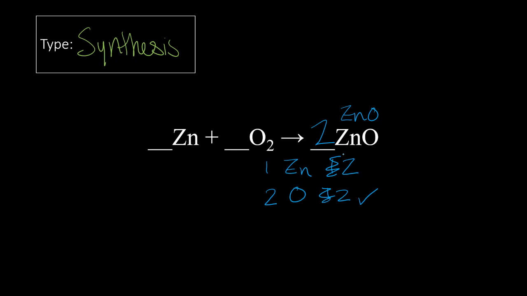But now when I did that, because zinc and oxygen are a package deal, I also threw off the zinc. So in order to fix it, I'm going to go ahead and add another zinc over here for a total of 2. Right? I could write it in if I wanted. 1, 2. So 2, 1, 2. So that is how that one is balanced.